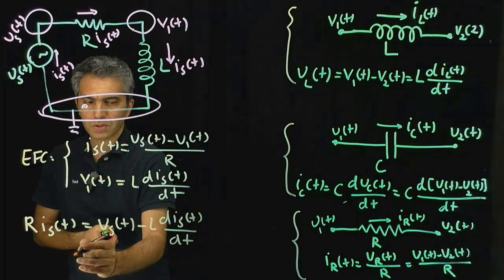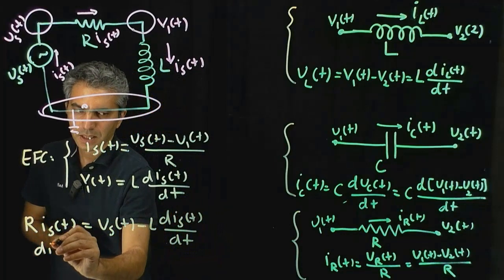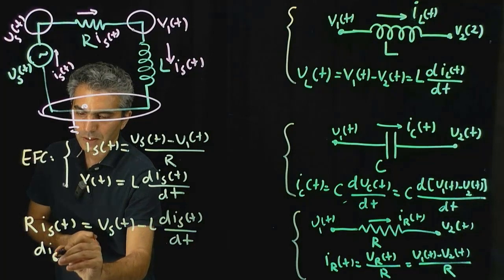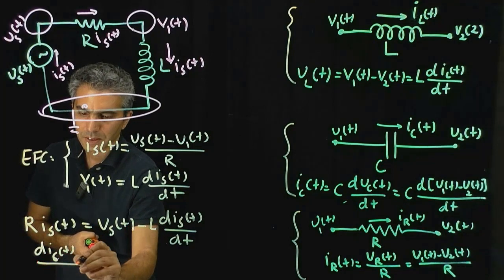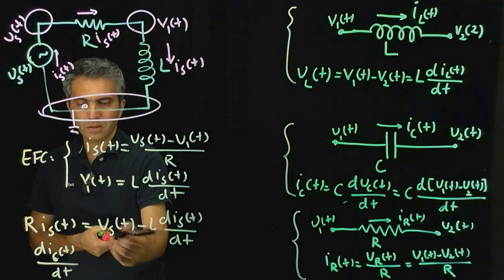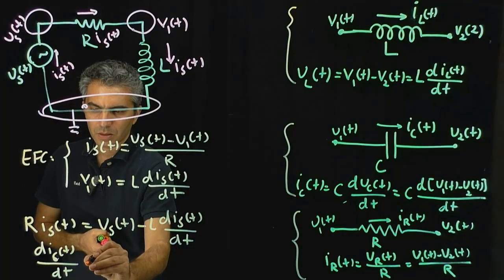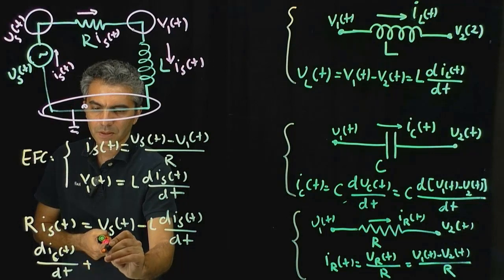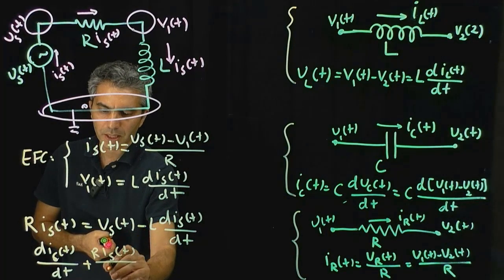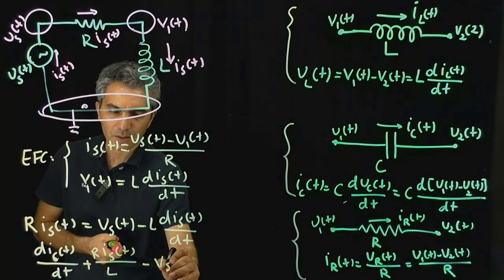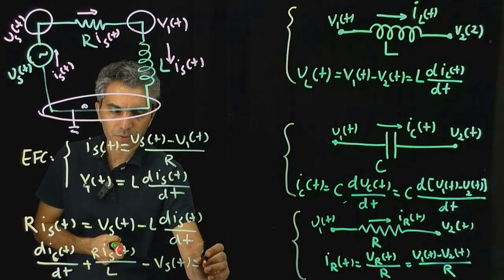And that's it. I'm just moving the equation's terms around: L dIS(t)/dt plus R IS(t) minus VS(t) is equal to 0, or dIS(t)/dt plus R IS(t)/L minus VS(t)/L equals 0.